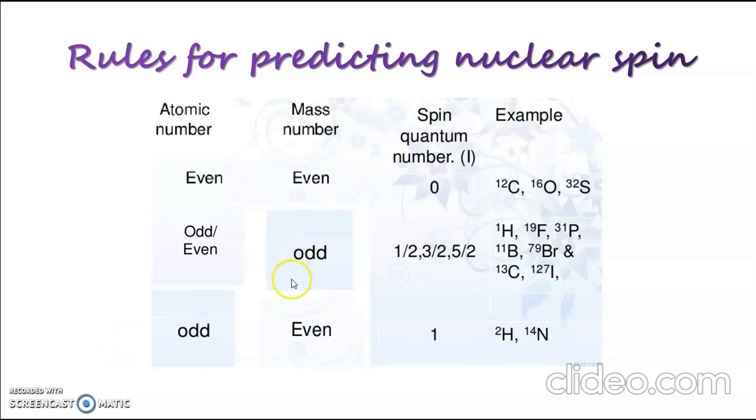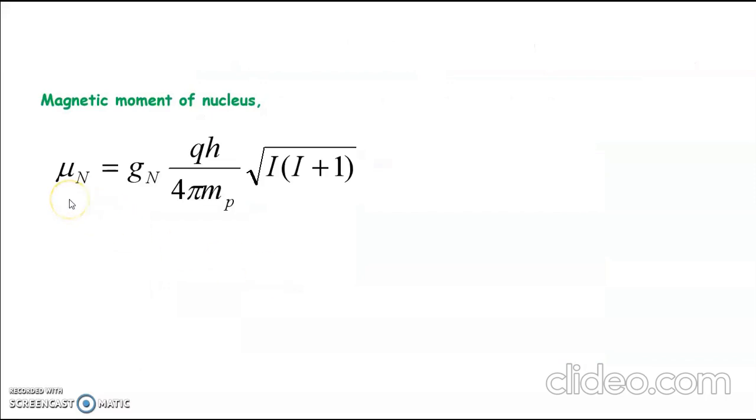Since the nucleus also possesses an electric charge, being a charged particle, it also has a magnetic moment, as electrons do: mu n equals Gn times Q h by 4 pi mp.